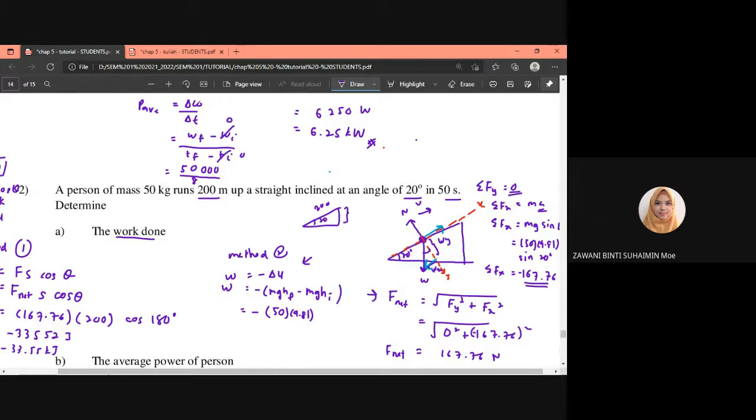Okay, so kita boleh gunakan formula sin theta 20 is equal to H bahagi dengan 200. Okay, so our H here is equal to 68.4.